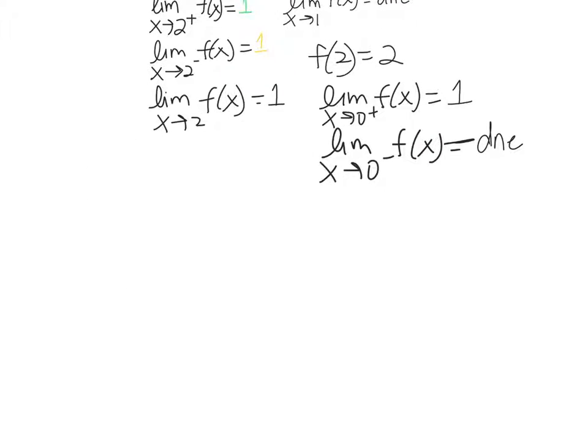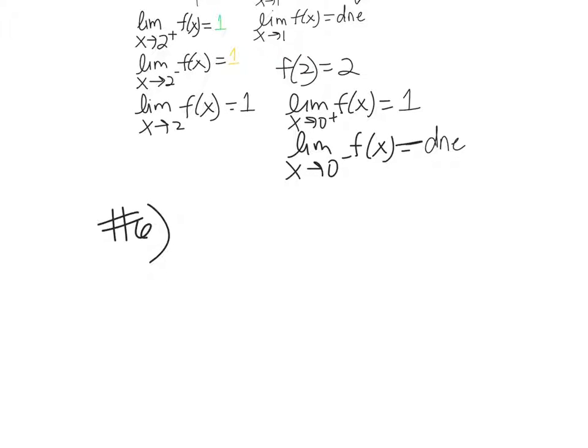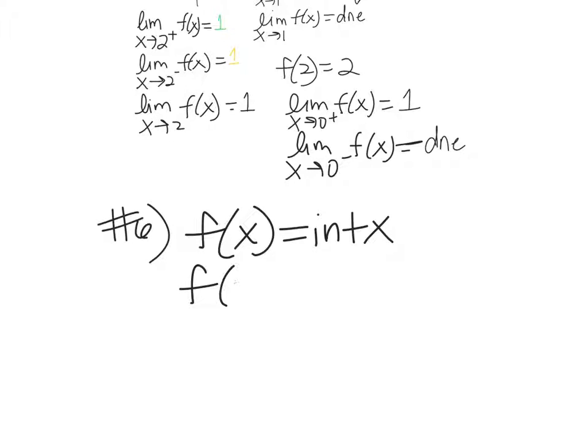Okay, number 6, last one. We're going to talk about the greatest integer function, f of x equals INT x. Some people write it with a different symbol, and some books even put brackets around it.